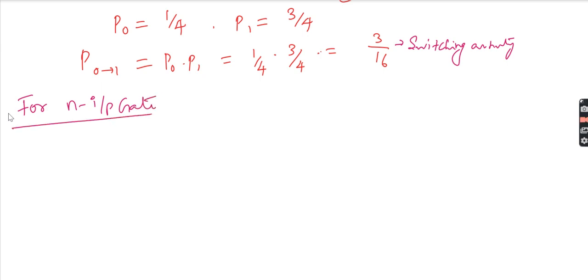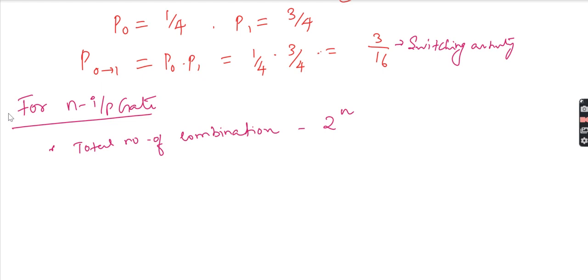If the input is n in number, then what about the total number of combinations? The total number of combinations is 2 to the power n.